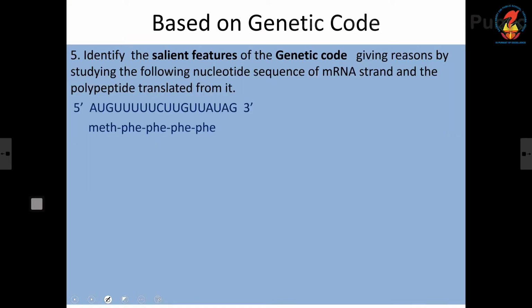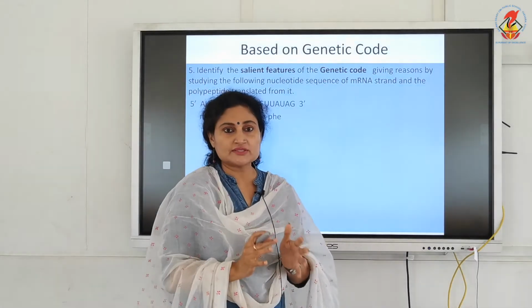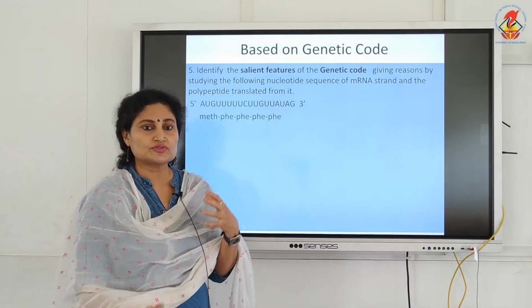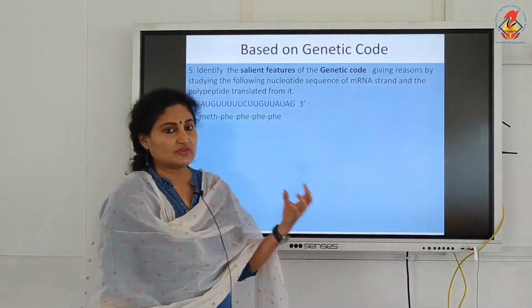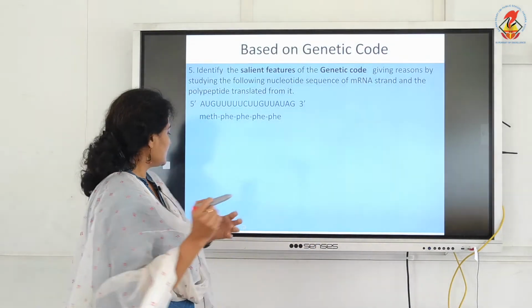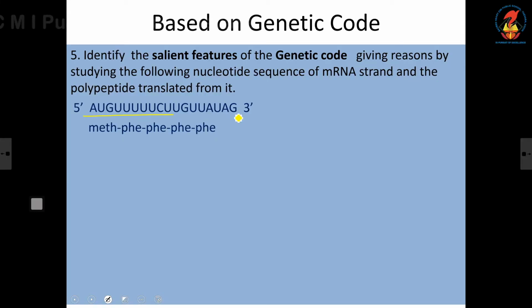Now moving on to the last concept, problem based on genetic code. This you have to remember the 6 salient features of the genetic code, and then only we can work out this problem. Here usually in the question they give the mRNA strand and the protein that is translated.